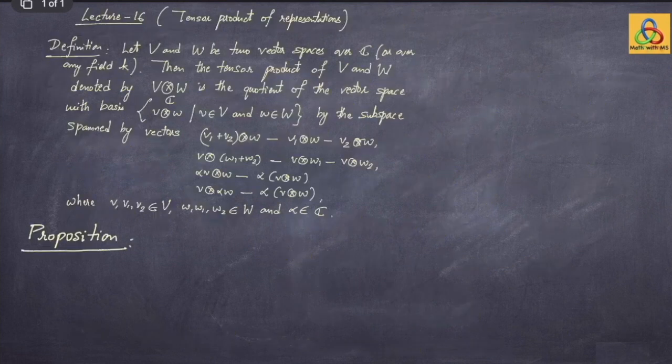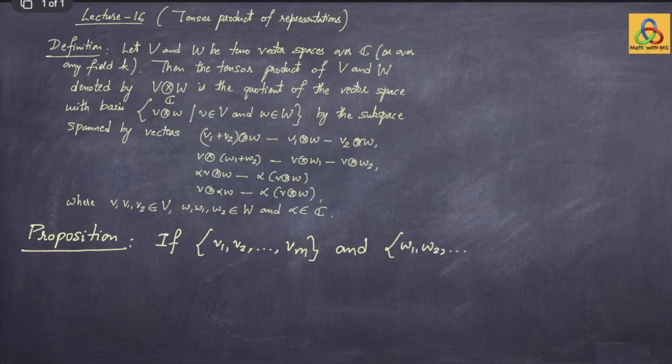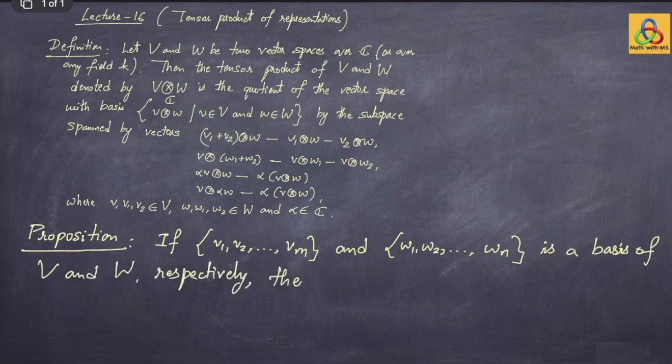Let us observe some properties of tensor products. If v1, v2, and so on, vm, and w1, w2, and so on, wn, is a basis of V and W respectively, then look at this set vi tensor wj, where i runs from 1 to m and j runs from 1 to n.